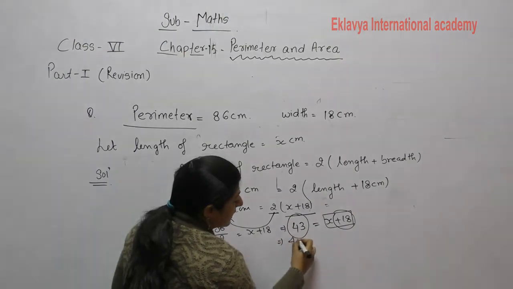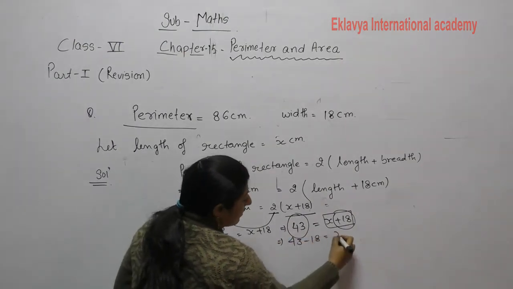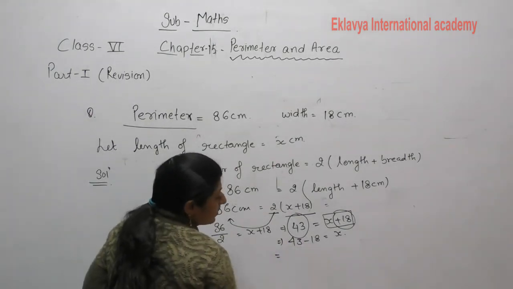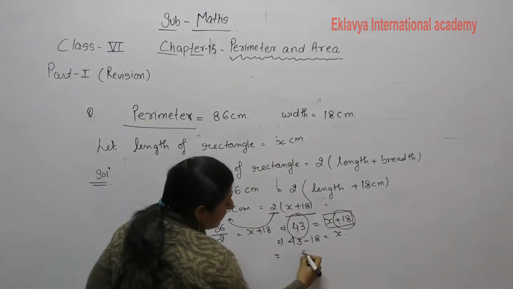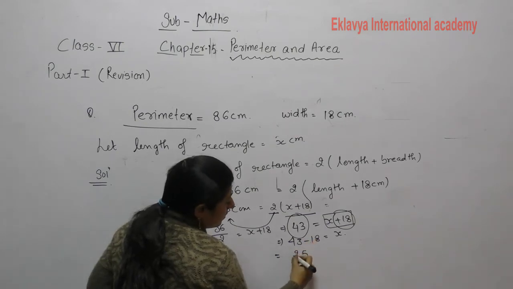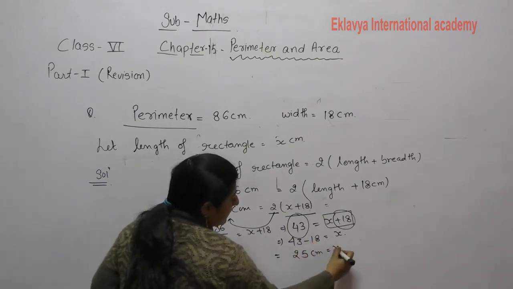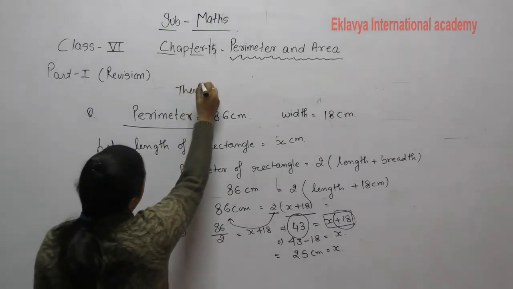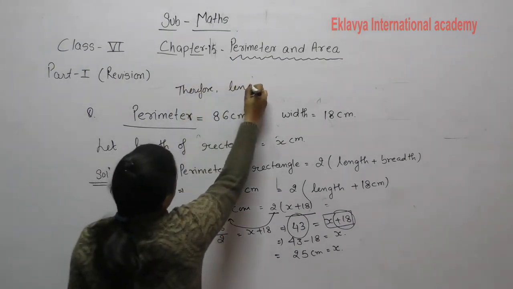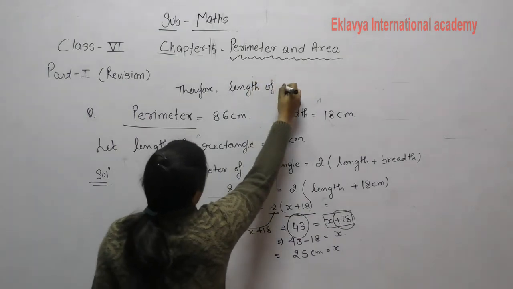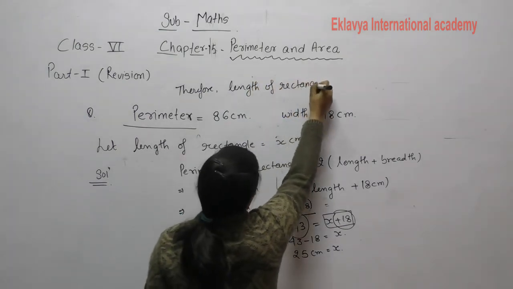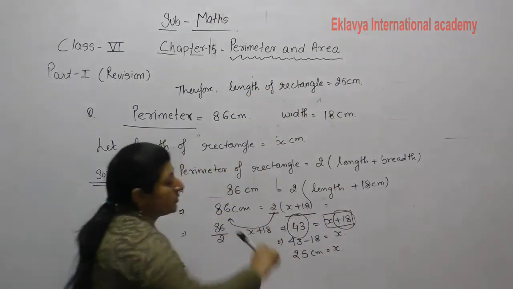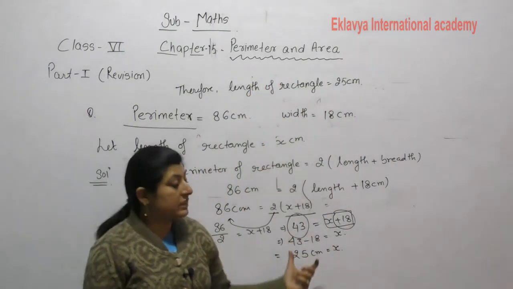So when you transpose it, it will come as negative. This way you can find out 13 minus 8 is 5, 3 minus 1 is 2, so 25 centimeter. So at the end we can say, therefore, length of rectangle is equal to 25 centimeter. This is how we can solve these questions.